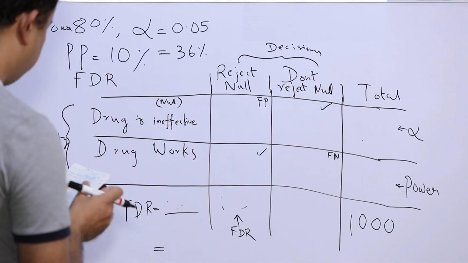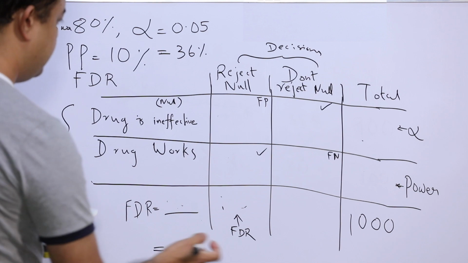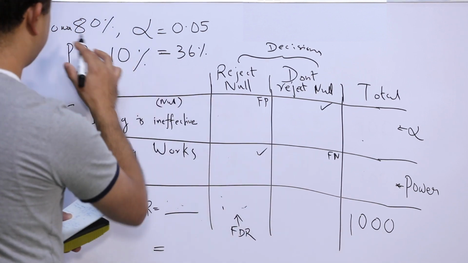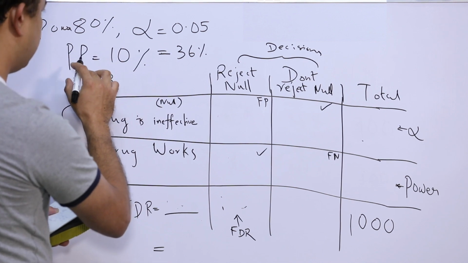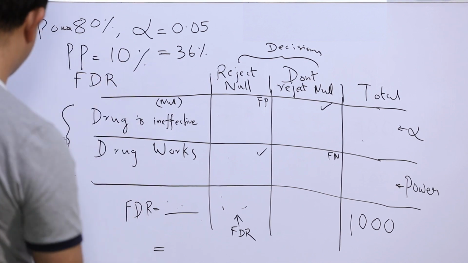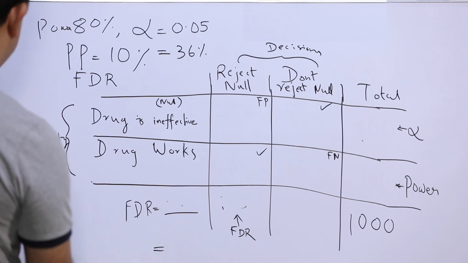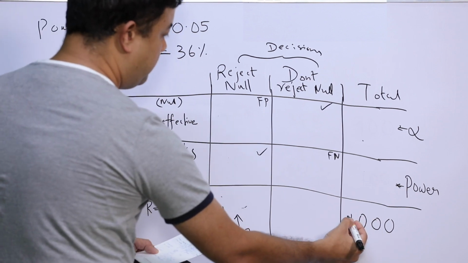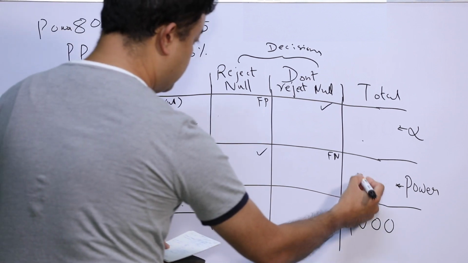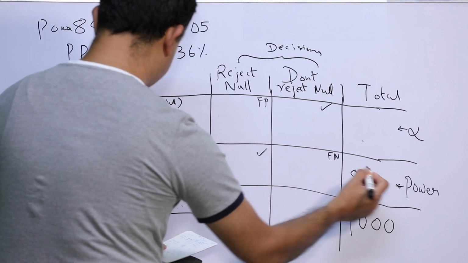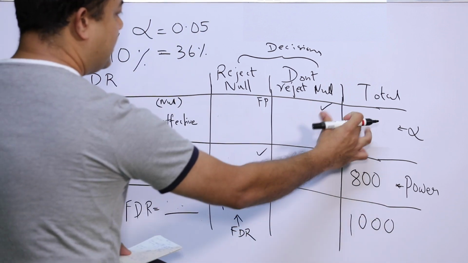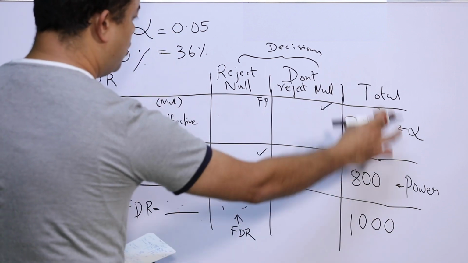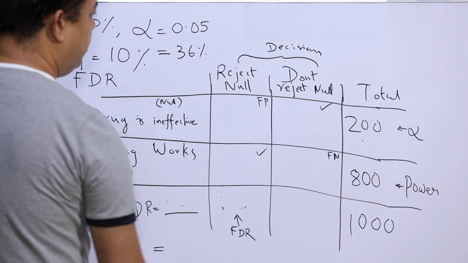If the prior probability is 80% instead of 10%, then out of 1000, 80% of 1000 is 800. So for 800, the drug will work, while for the remaining 200 the drug will not work. It's very easy to fill this column. It depends only upon the prior probability, or PP, value.